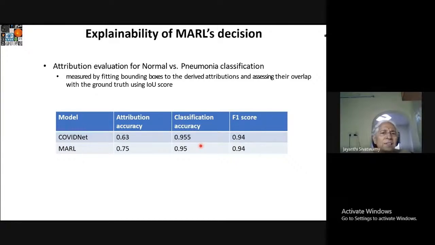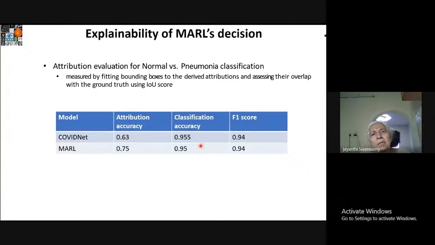The explanation is very good with our network, whereas with the existing network, performance is good, but hardly any explanation. In terms of F1 score also, they are on par. So this is a classic example where the CAD system performance is good, but the additional edge we are providing is the explanation. So I will now conclude this presentation with a few remarks.